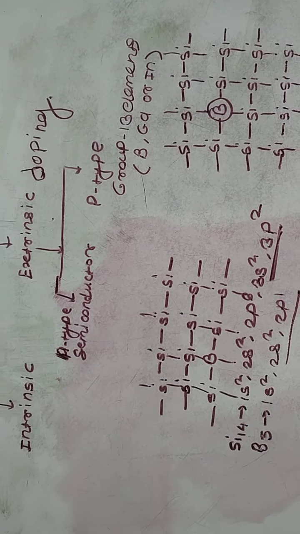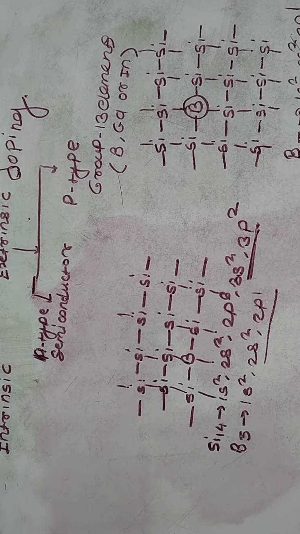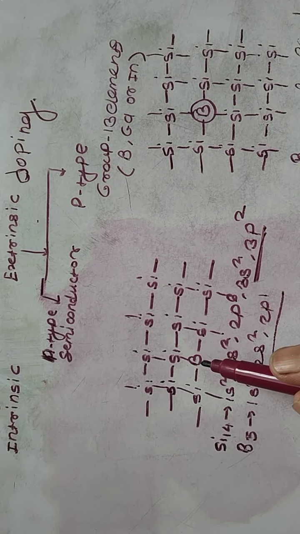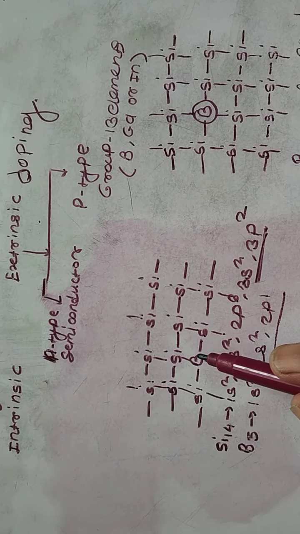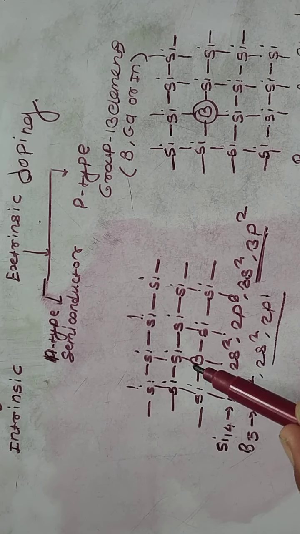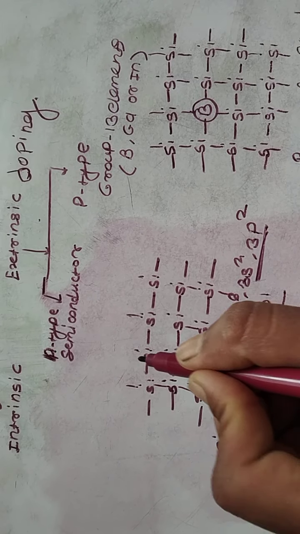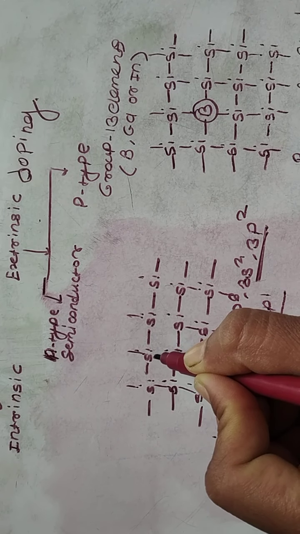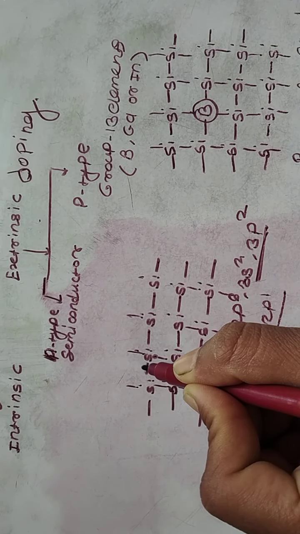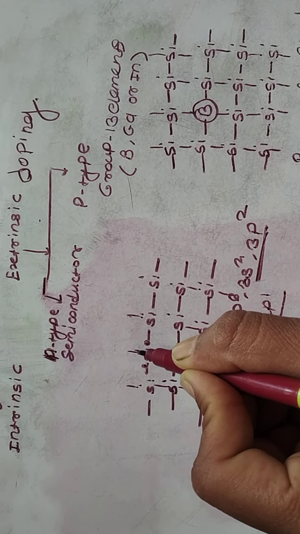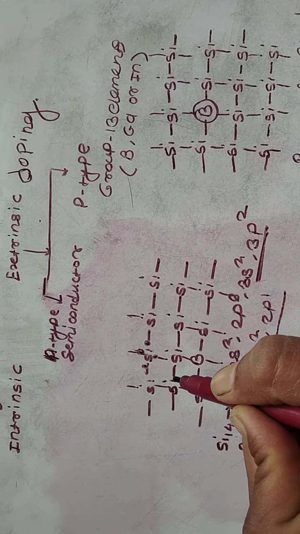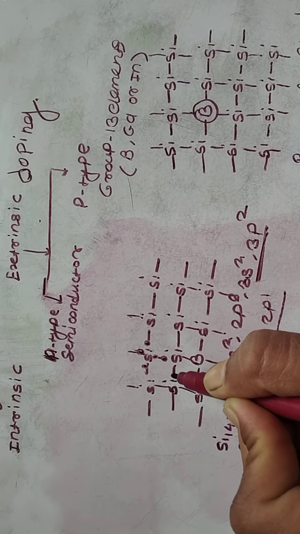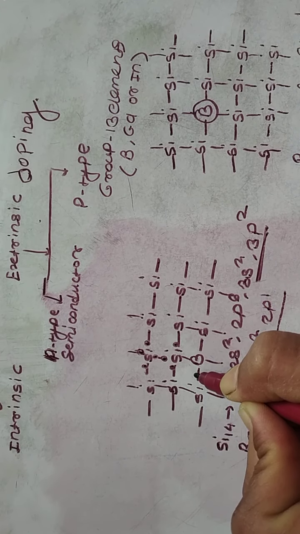A small amount of group 13 element is added to the pure crystal lattice of the semiconductor material. Each silicon atom has 4 electrons in its valence shell, so that's why silicon forms 4 covalent bonds.